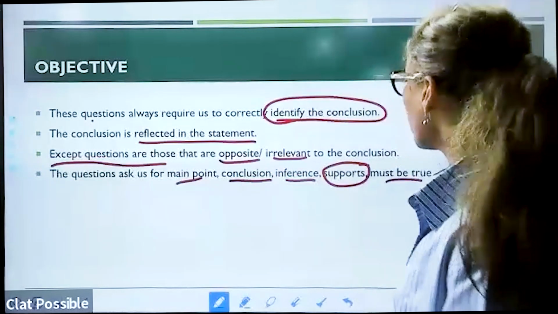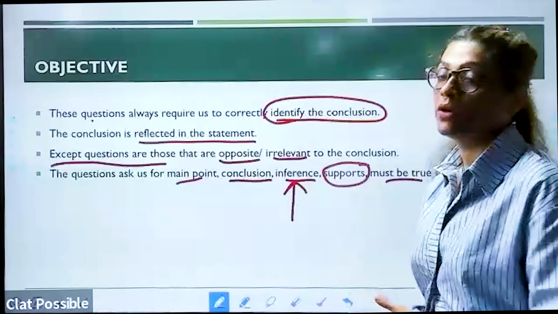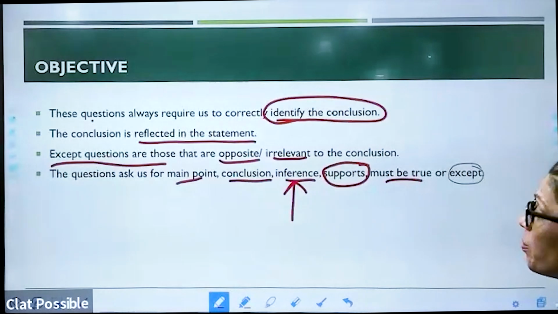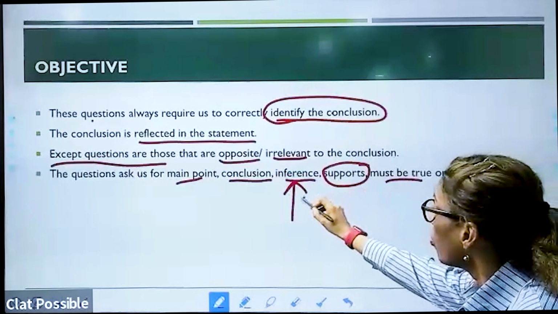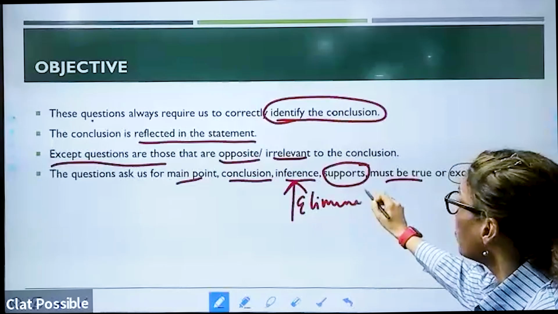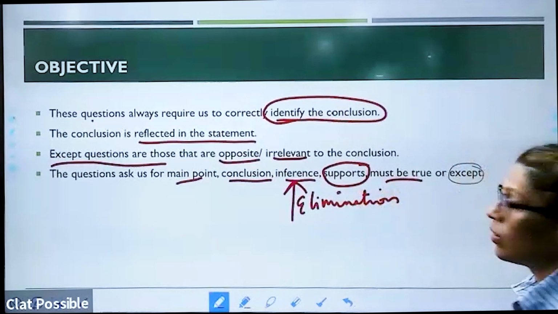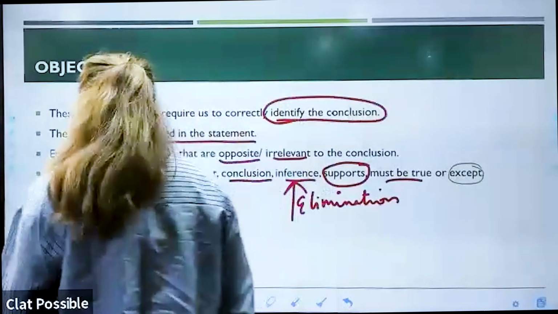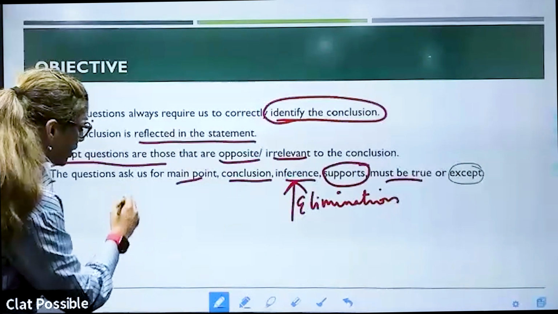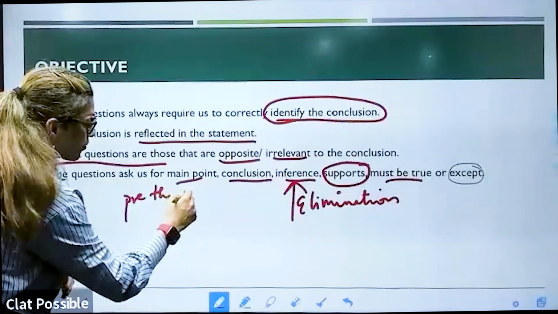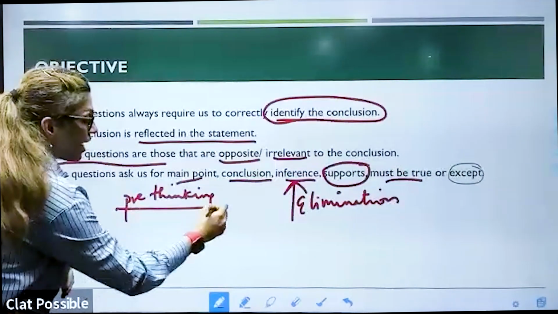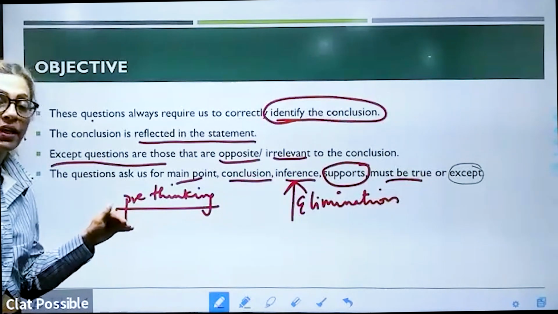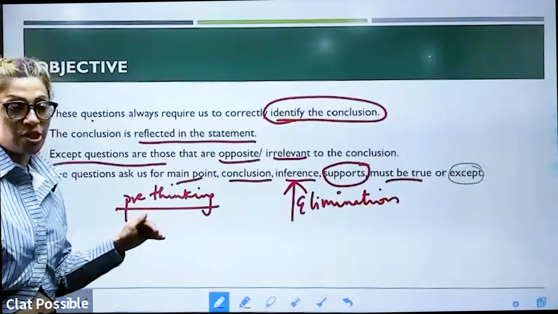A good strategy for inference would be to A, of course, bear in mind what the conclusion of the author is, and B, go to elimination approach. Now, when we come to evidence family questions, I will be talking to you and focusing on what is known as pre-thinking. But this strategy is something that I usually ask my students to avoid in main point and must be true or inference questions.